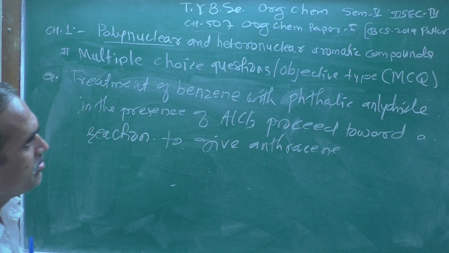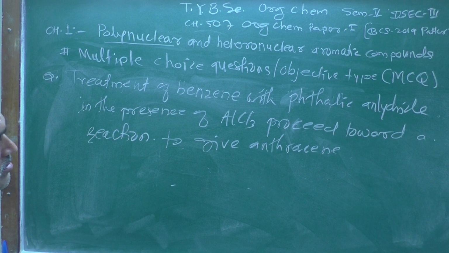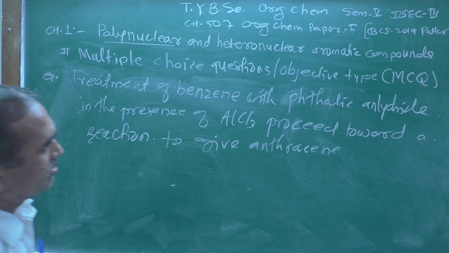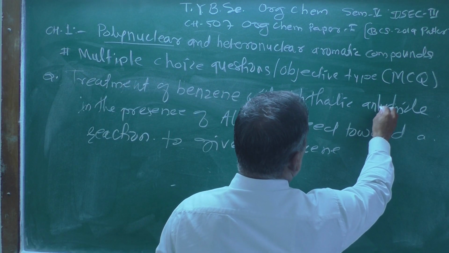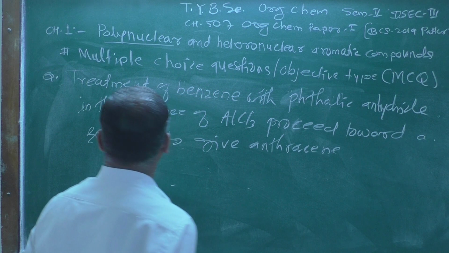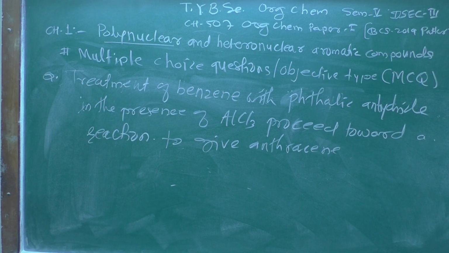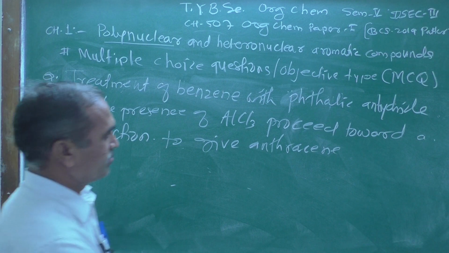Treatment of benzene with phthalic anhydride in the presence of AlCl3 proceeds toward a reaction to give anthracene.